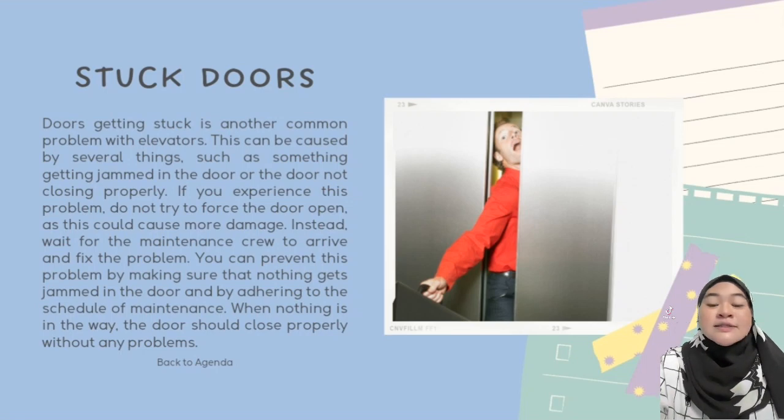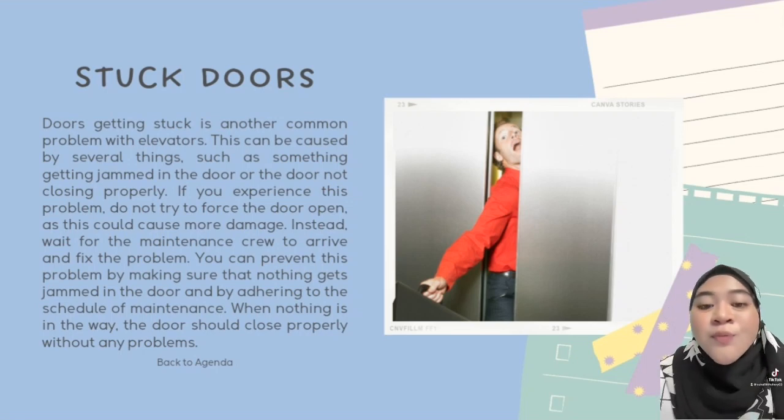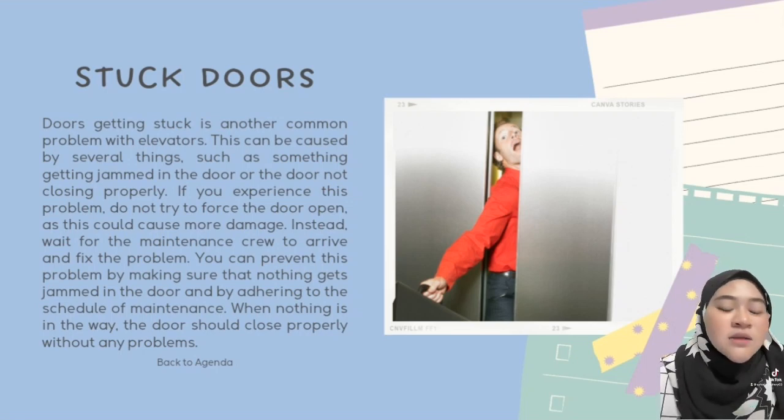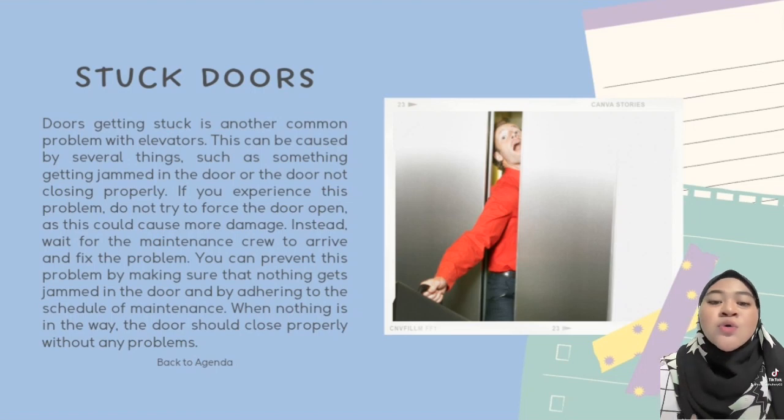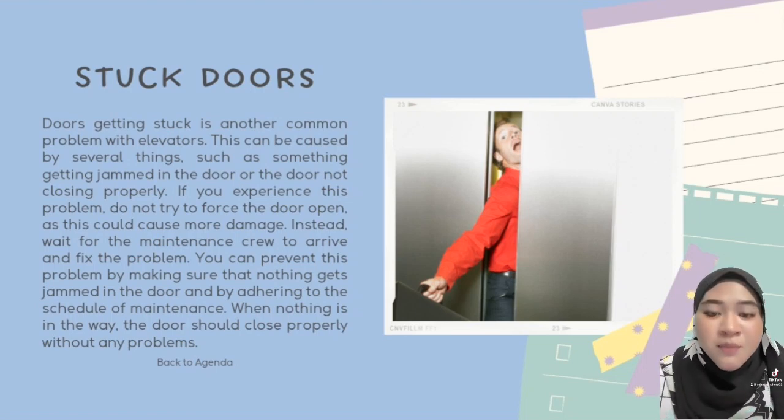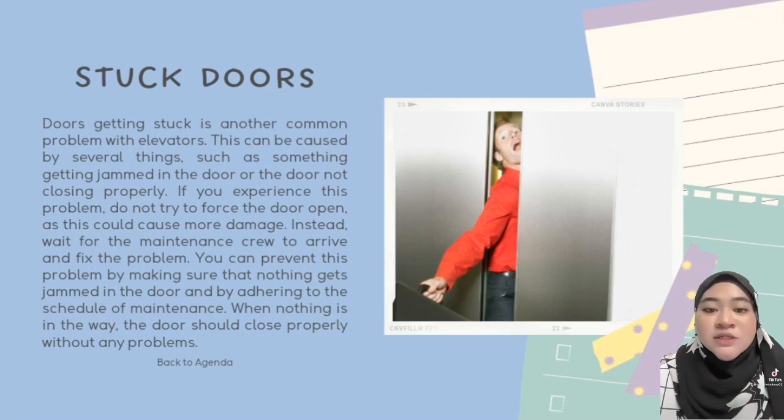Door getting stuck is another common problem with elevators. This can be caused by several things, such as something getting jammed in the door or the door not closing properly. If you experience this problem, please do not try to force the door open.